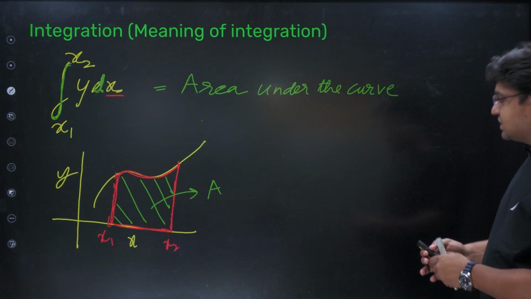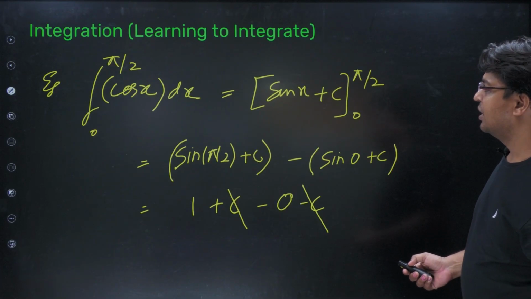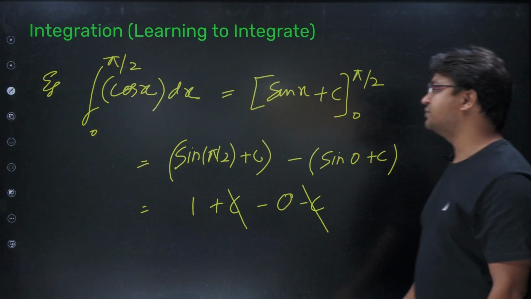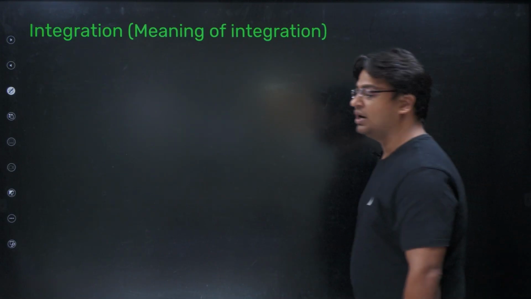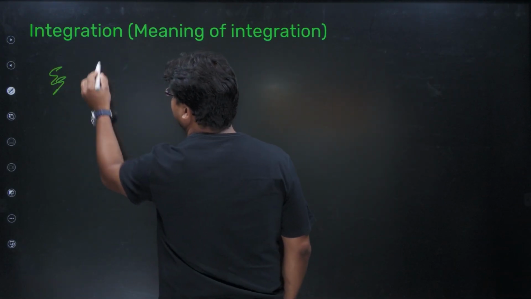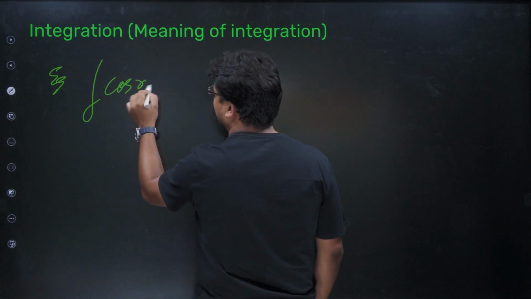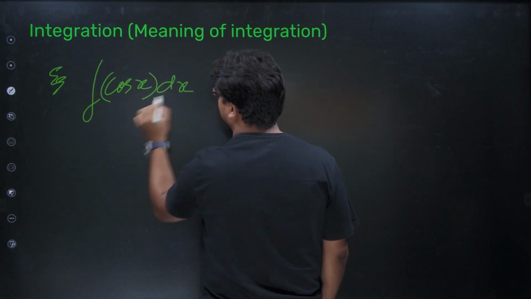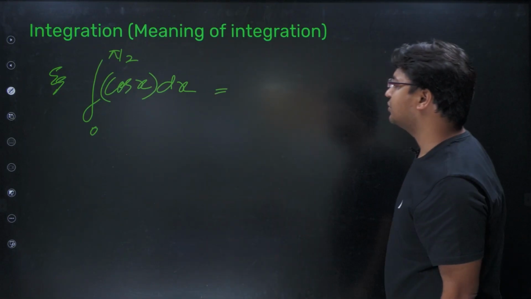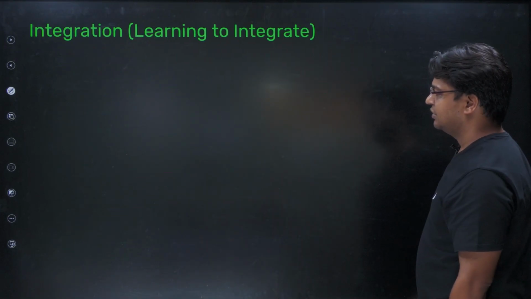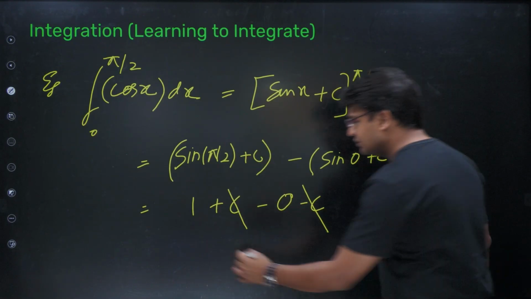So in this example, integration of cos x dx from 0 to pi by 2, I'll tell you what exactly that answer meant. So we got integration of cos x dx from 0 to pi by 2. The answer that we got was 1, I believe. It was 1.